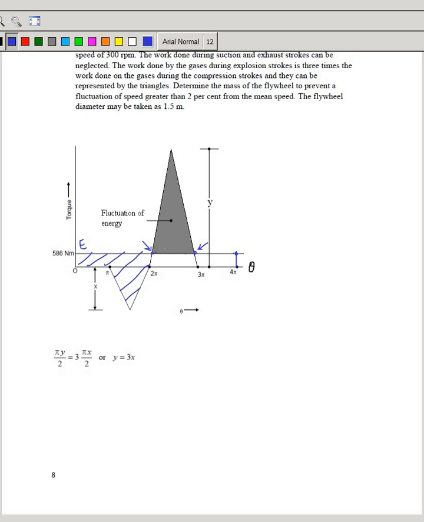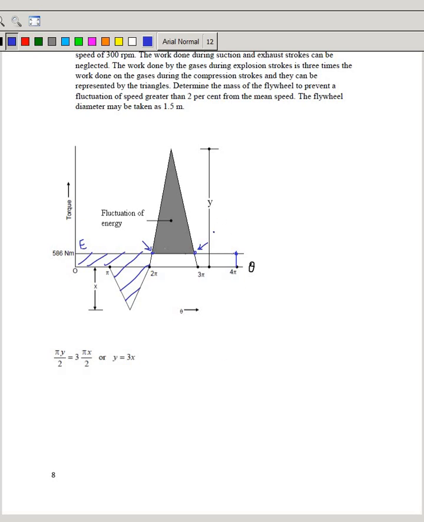So from here to here, the torque available is less than the mean torque up to this point. So energy is decreasing, and here it is minimum, then it is increasing, and here it is maximum, then again it's decreasing, minimum.